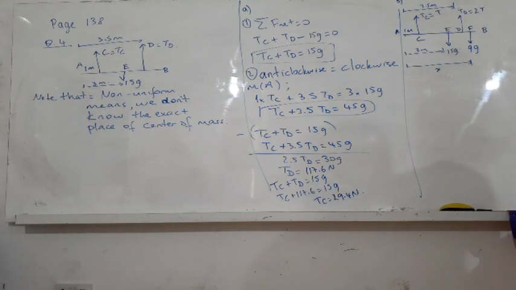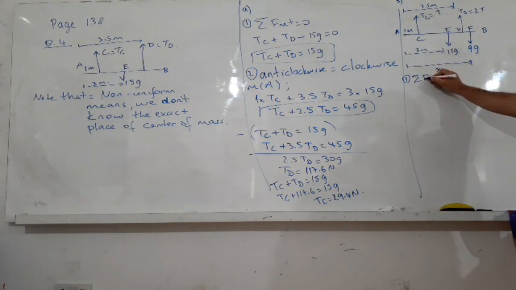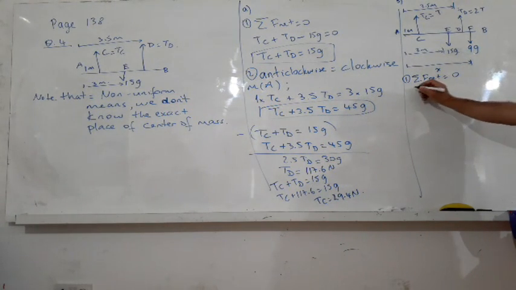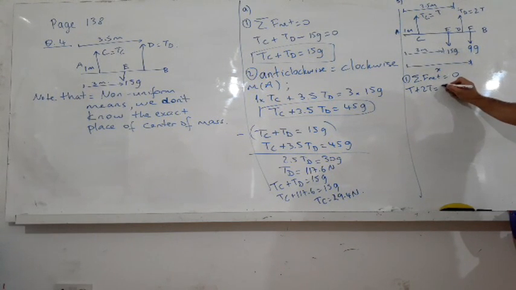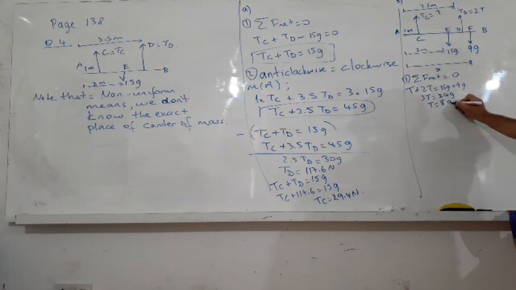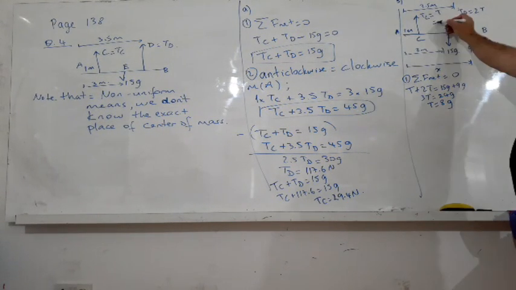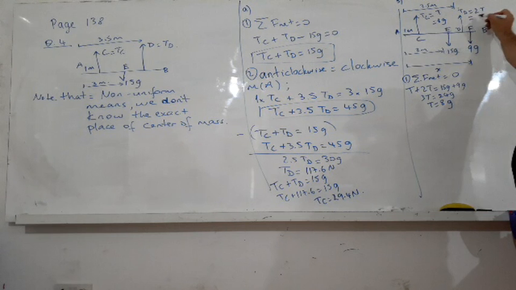Again, apply our two rules for equilibrium. F net is equal to 0. T plus 2T is equal to 15G plus 9G. 3T is equal to 24G. T is equal to 8G, which means this is equal to 8G, and that one is equal to 16G.